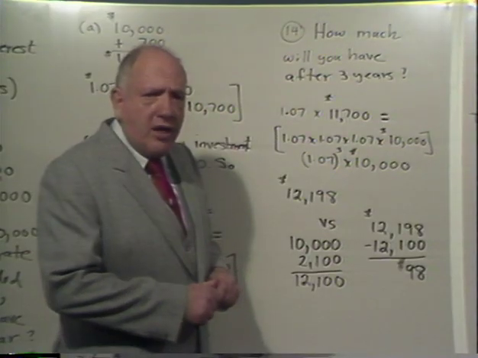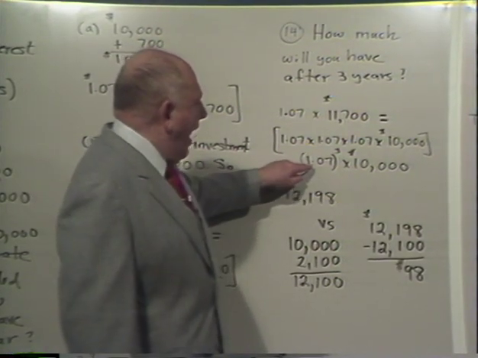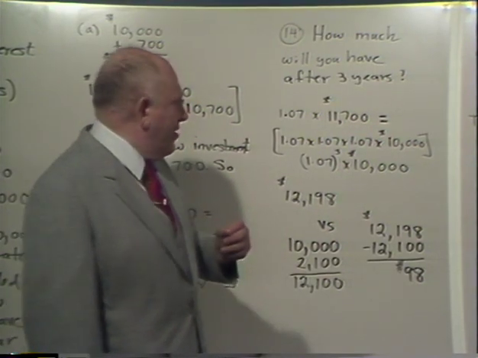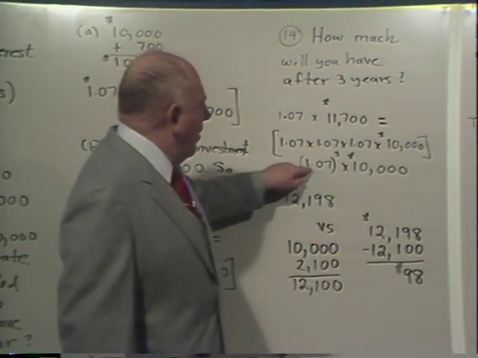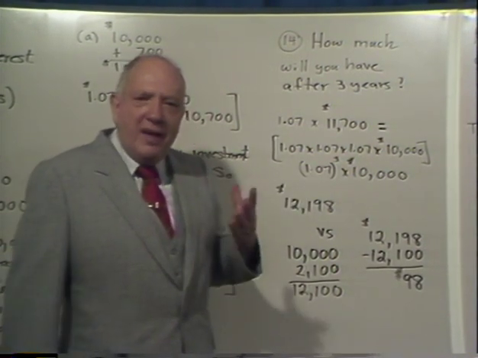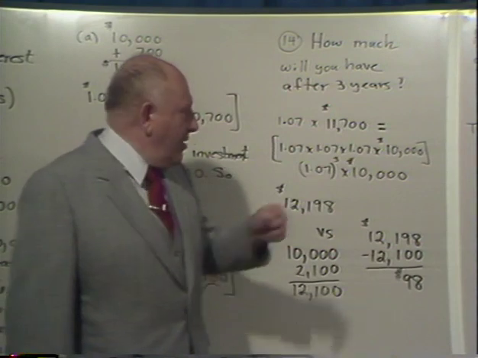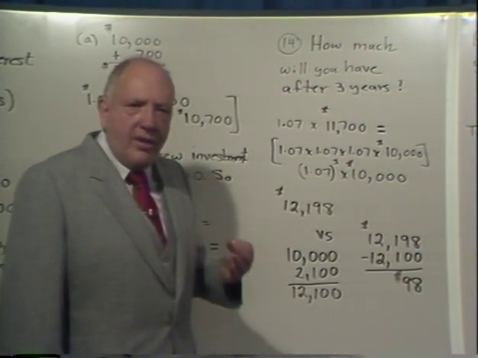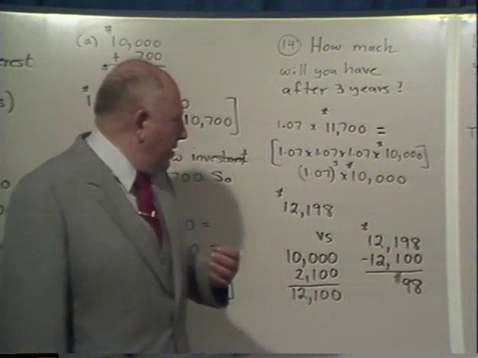So if I want to use exponential notation, how do you abbreviate 1.07 times 1.07 times 1.07? You just write it 1.07 to the third power. Remember, 10 to the third power meant 10 times 10 times 10. 1.07 to the third power means 1.07 times 1.07 times 1.07.